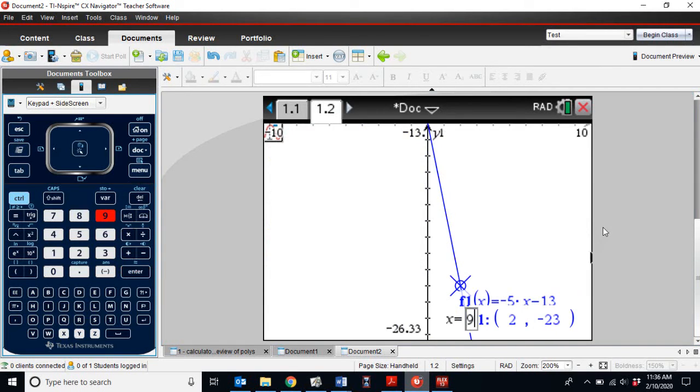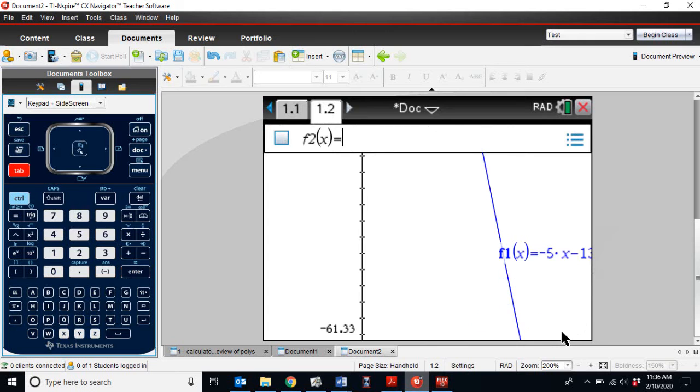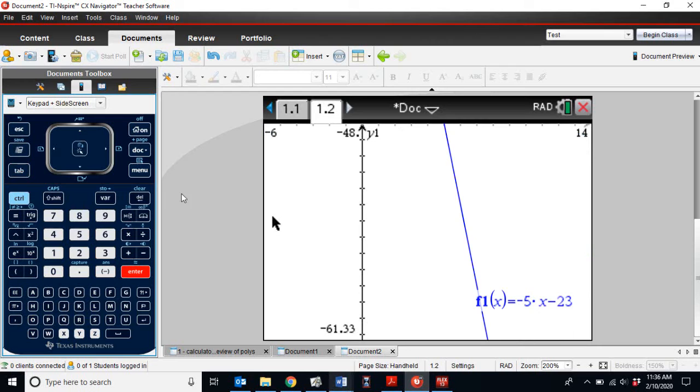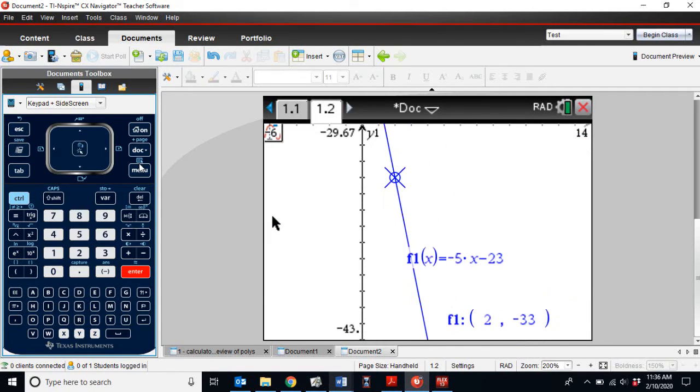And if I were to type in 9, it gives us negative 58, which means that B is our answer. If I were to have typed in letter D, it says negative 5x minus 23, and then I do my menu 5-1, type in 2, it does not give me the correct answer. Right? So we're using our calculator on these last two.